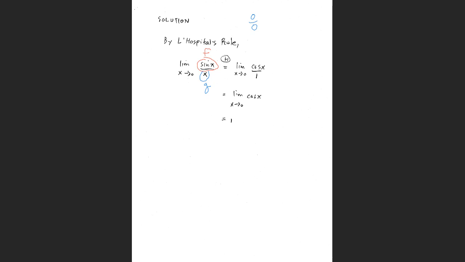Above this equal sign, I put an H with a circle on it. That means I'm applying L'Hopital's rule. L'Hopital's rule says the limit of the ratio of f over g is equal to the limit of the ratio of their derivatives, the limit of f prime over g prime.